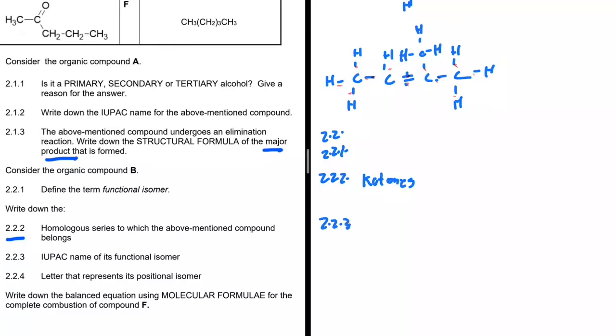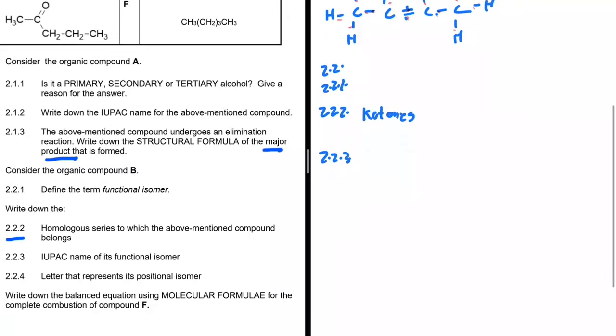2.2.3. IUPAC name of its functional isomer. The functional isomer of ketones is aldehydes. An aldehyde looks very similar to a ketone, but the only difference is that the double bond oxygen is at the end.